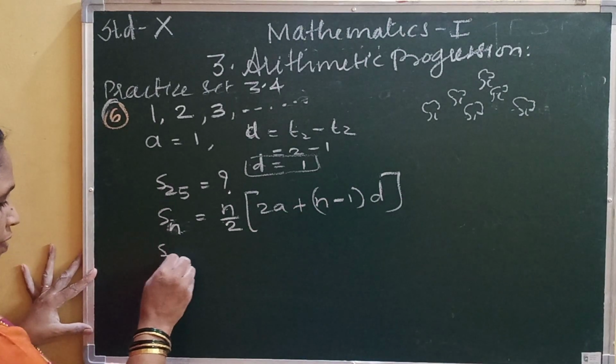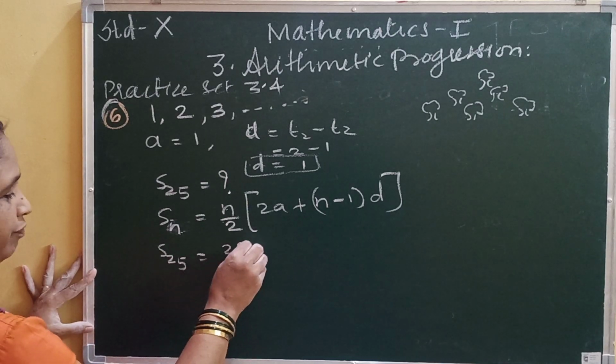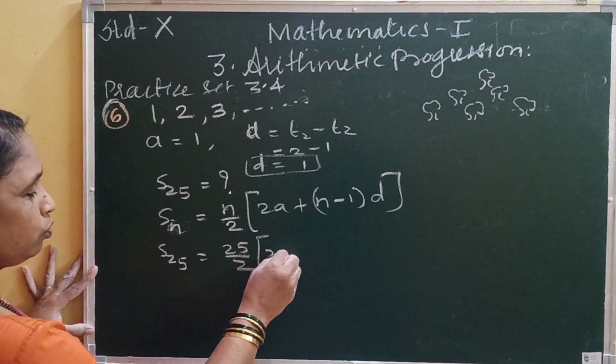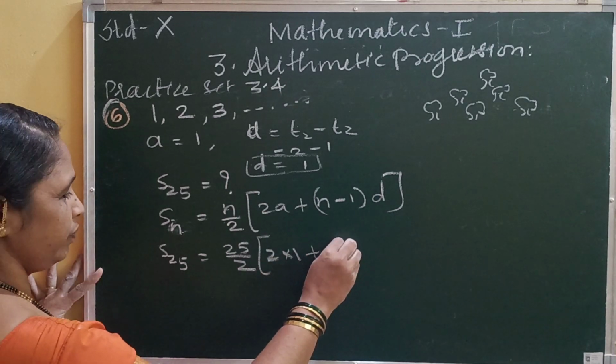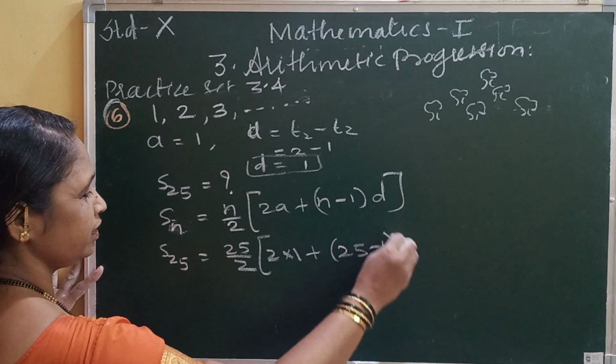So S25 is equal to 25 upon 2 into 2 into 1 plus 25 minus 1 into 1.